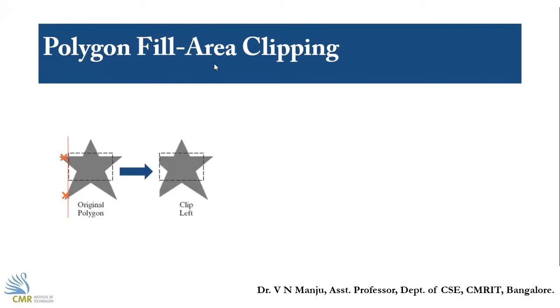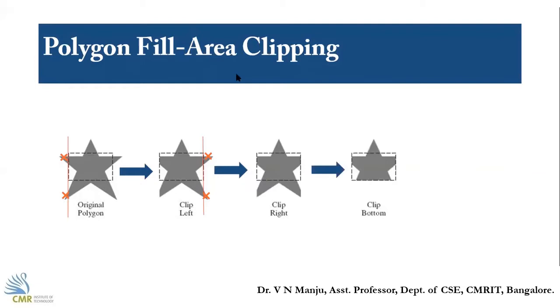The next clipping that will take place is the right clipping. Whichever is on the right hand side will be clipped off. So this polygon will be clipped off and this polygon will be clipped off. From that you can see the right clipping, and the next one that will happen is the bottom clipping.